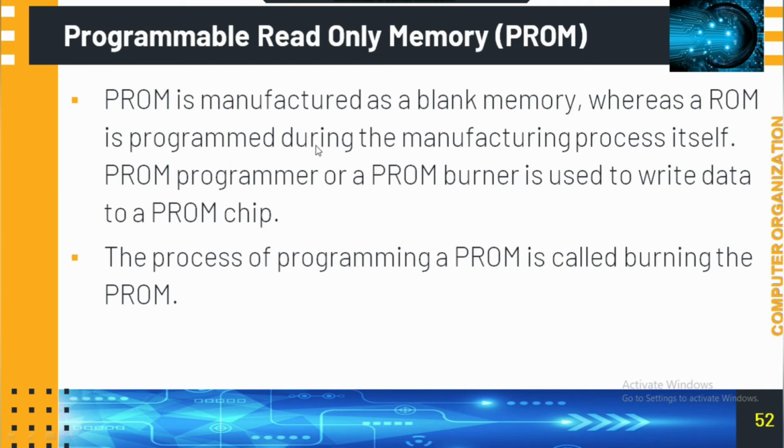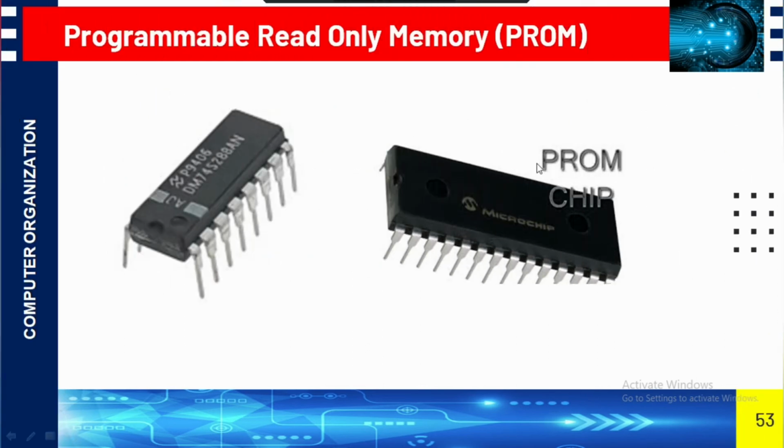The process of programming a PROM is called burning the data in the PROM. Okay, so now you can see the example of PROM chips. This is the PROM chip used in your computers.